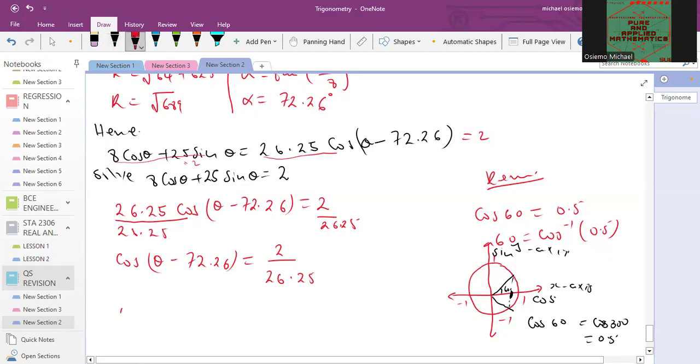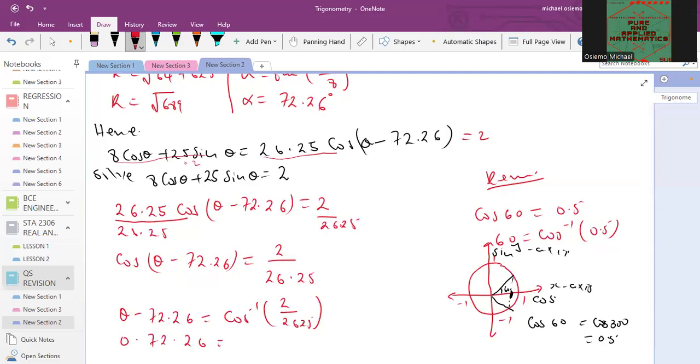So in this case, you're going to say that theta minus 72.26 is equal to cos inverse of 2 over 26.25. So how do you get the cos inverse? You press shift and cos, and you get cos inverse.